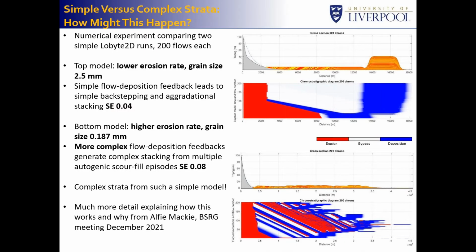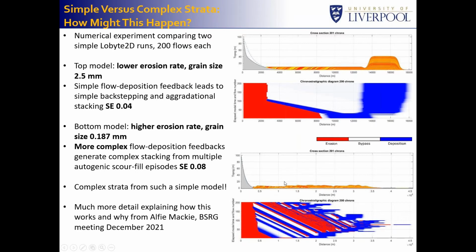The 2D model, what I want to show you here is just two examples, which illustrate what I think could be a potentially significant point going forward. So there's a top model here, and you can see all the layers of the beds that are produced by the Lowbite 2D run. It's about 200 flows, okay? And this is the lower one.